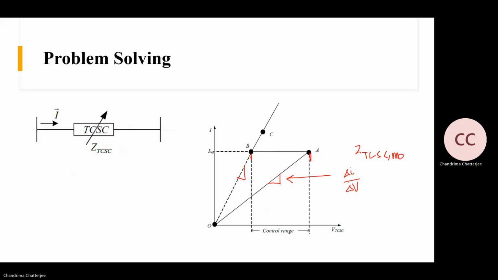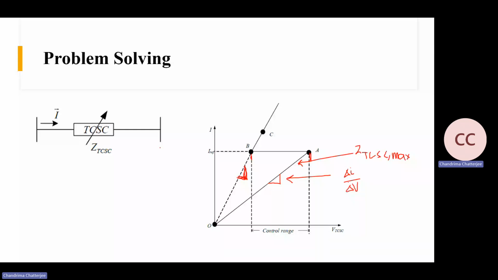And for this one, ZTCSC is minimum. Between this range, you can control the current at a constant value.